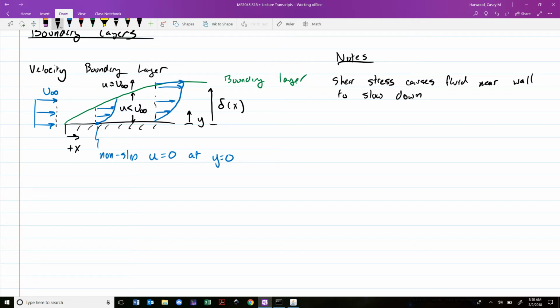And the behavior, the thickness, and the overall flow regime of the boundary layer is governed by this non-dimensional parameter known as the Reynolds number, where Reynolds number as a function of x is equal to u infinity times x over the kinematic viscosity of the fluid in question.